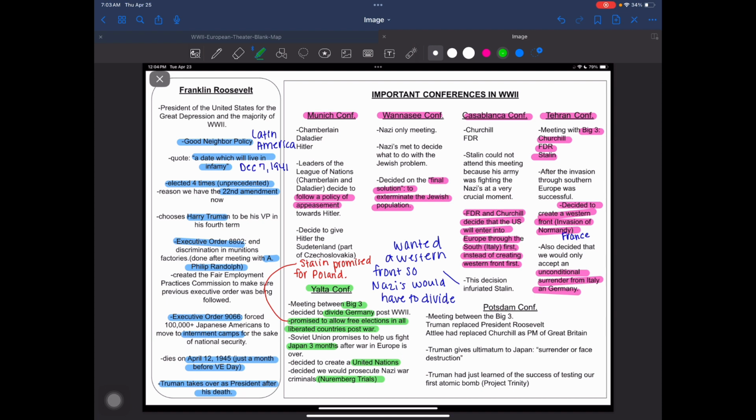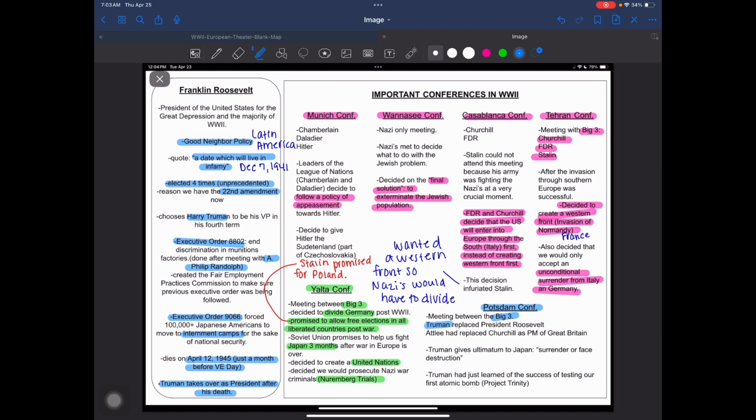And then towards the very end of the war, at this point in time, FDR has passed away, and Truman has stepped into the presidency. And he is meeting, okay, and it's called the Potsdam Conference. And this is a meeting between the big three. And what we're going to see is it's going to be Truman, because, again, Roosevelt has passed away.